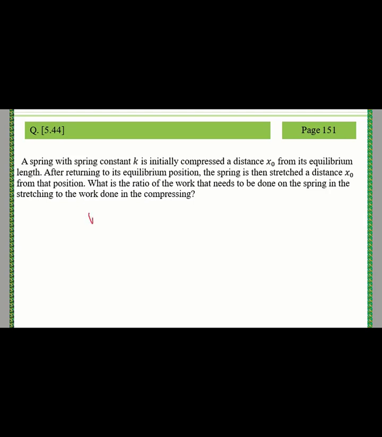The work for the spring equals 1/2 k x squared.